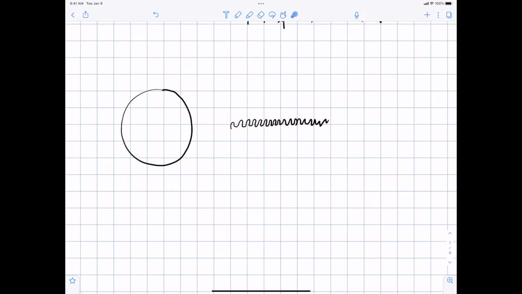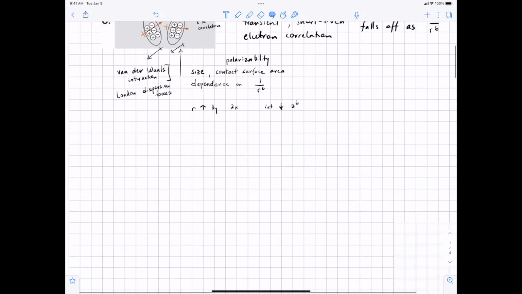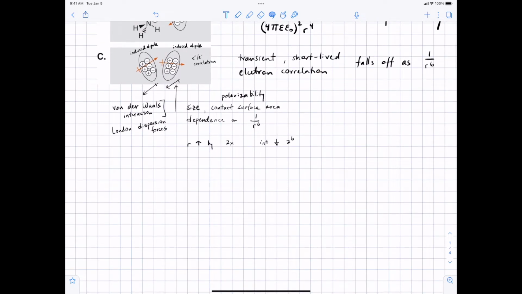Surface area can be really, really huge here. And if you get that close to the surface, then the van der Waals interactions, or London dispersion forces, or induced dipole interactions between that surface and the gecko's foot are strong enough to hold the weight of a gecko. All right.